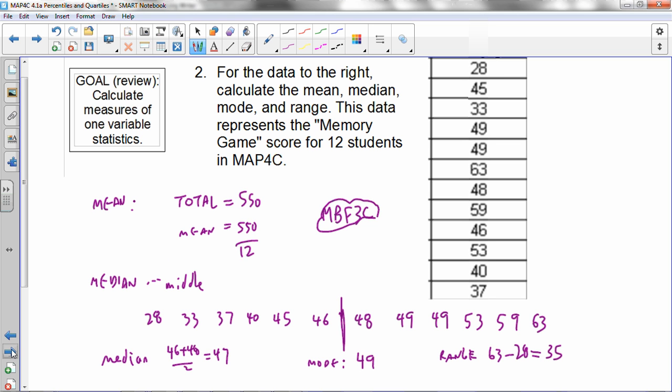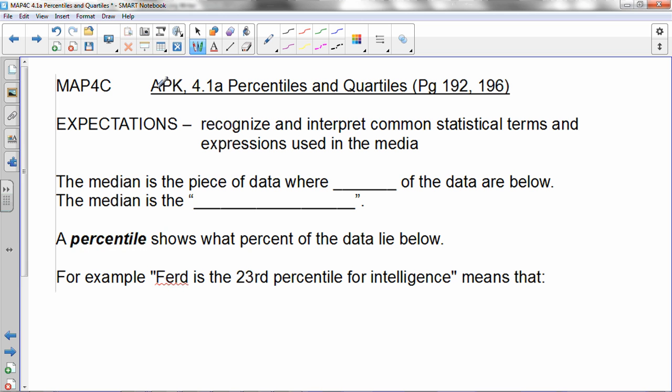On to the lesson. So the activate prior knowledge, we've done some of that already by talking about mean and median and mode. And then we're going to talk about some new stuff today as well. The expectations: recognize and interpret common statistical terms and expressions. The median is the piece of data where, well, half, but they're talking later about percentile.